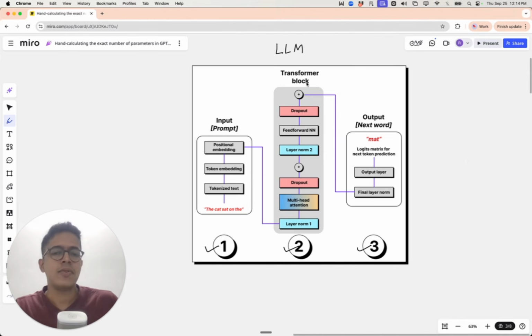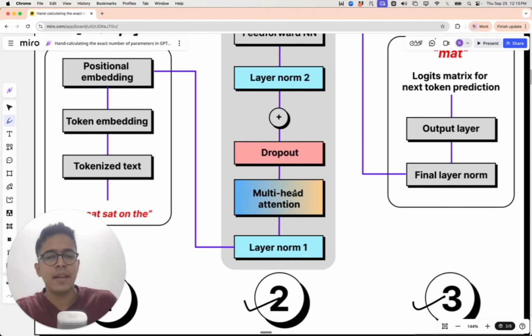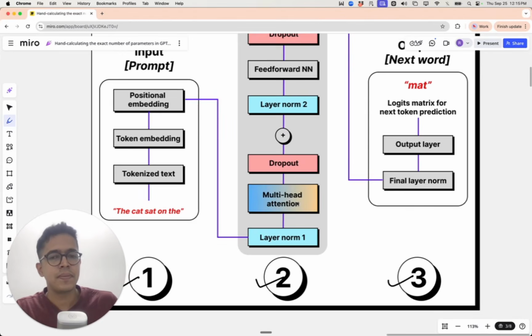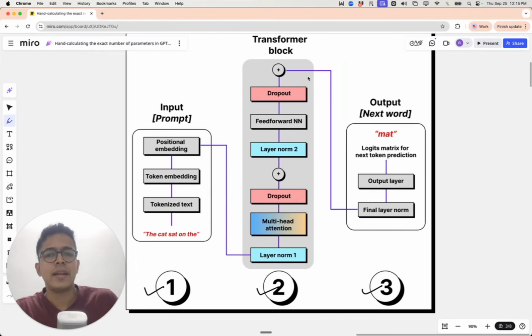Then you have the transformer block, where you have 2 layer normalizations, these 2 blue blocks. You have dropout happening at 2 locations. You have a feed forward neural network, and you have the main guy, which is the multi-head attention. This transformer block will be repeating 96 times in series in the GPT-3 architecture.